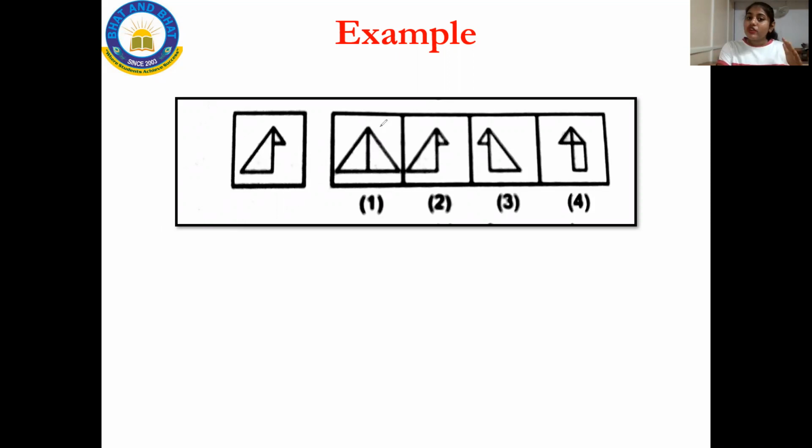See here in the question figure also it is the same. Whereas here it is the same, but the small triangle is towards the opposite side, flipped outside. Whereas the fourth one is different. So the procedure of the chapter is to find the same figure. Therefore, option 2 is your answer. Is there any doubt?